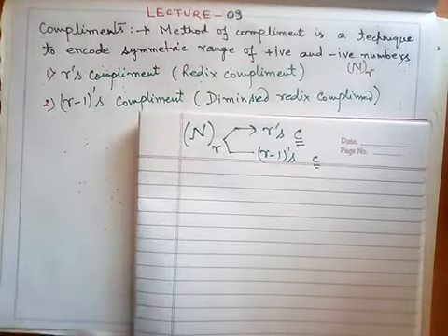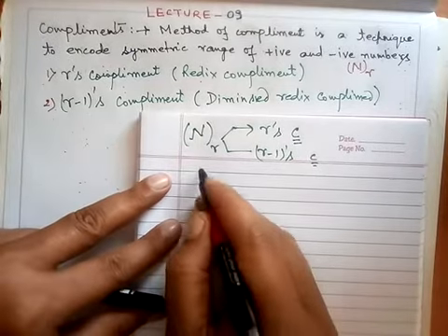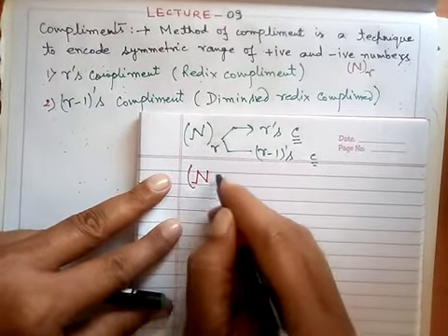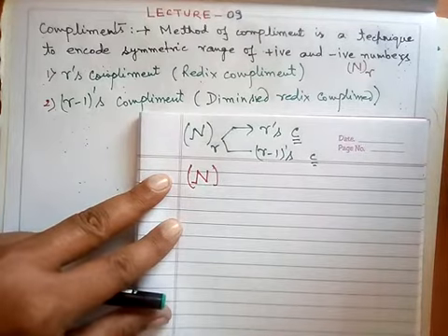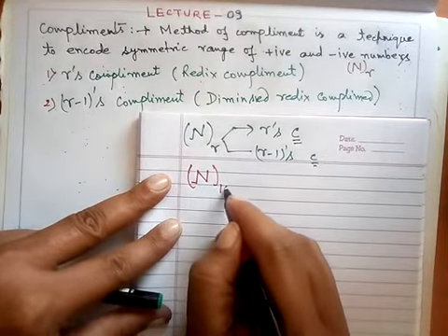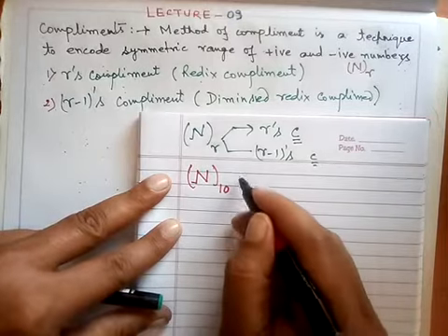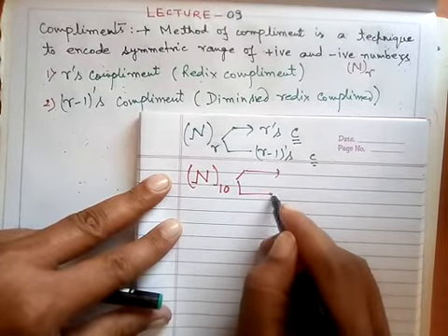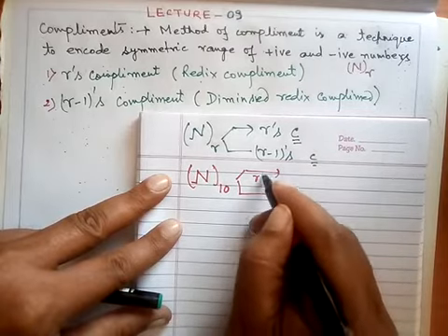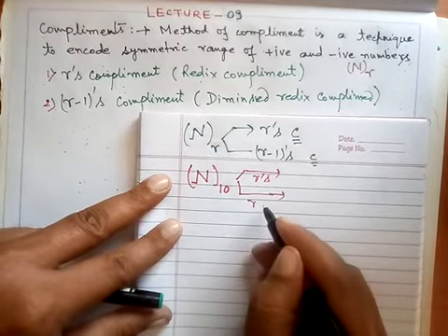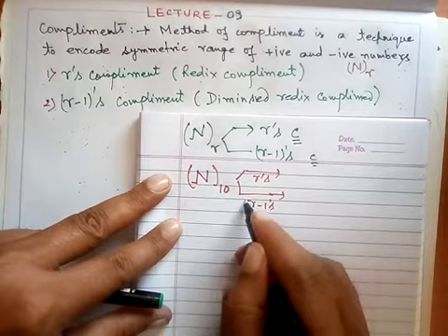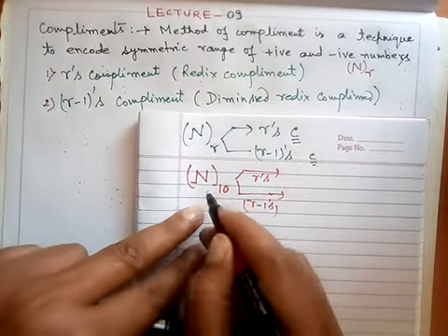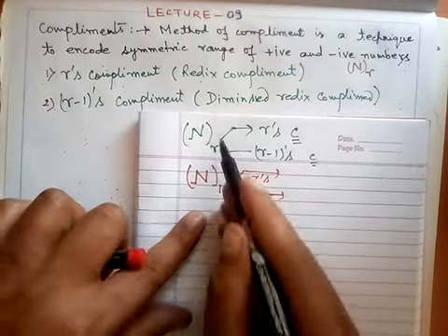Suppose I have a decimal number n, any number, say 463.52, with base 10. This number will have 2 types of complement, of course: R's complement and R minus 1's complement. For base 10, the value of R is 10, since R is the radix.